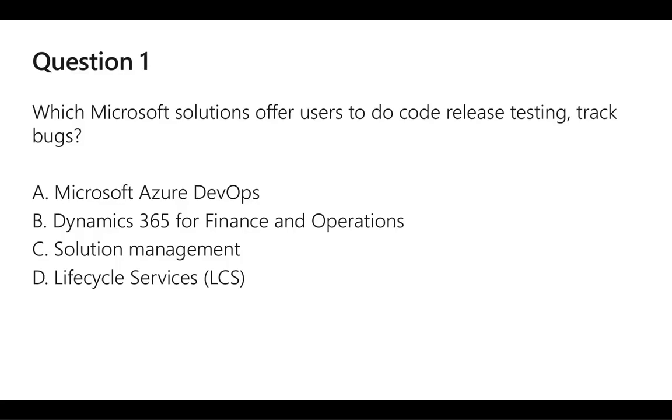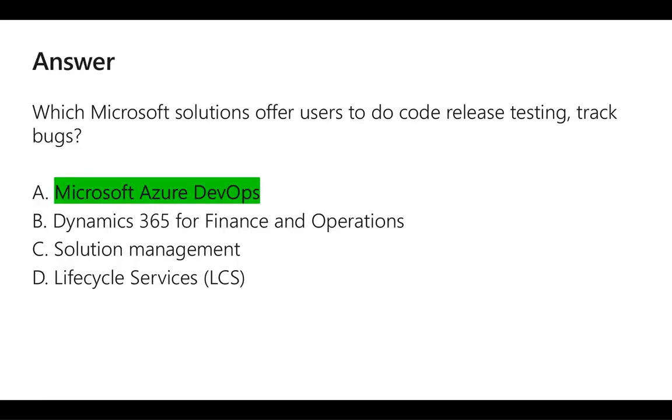Practice questions. Question 1. Which Microsoft solution offers users the ability to do code release testing and track bugs? A. Microsoft Azure DevOps. B. Dynamics 365 for Finance and Operations. C. Solution management. D. Lifecycle Services.